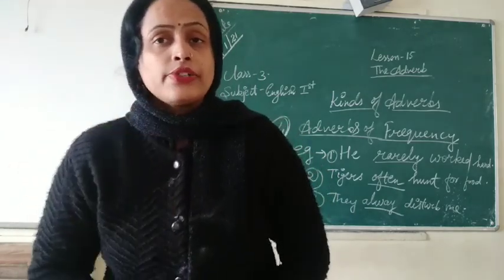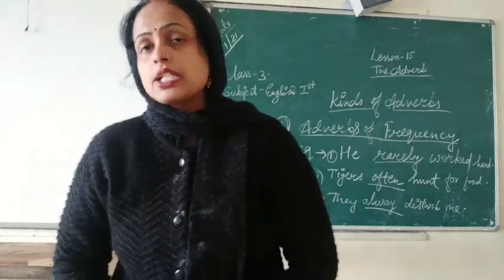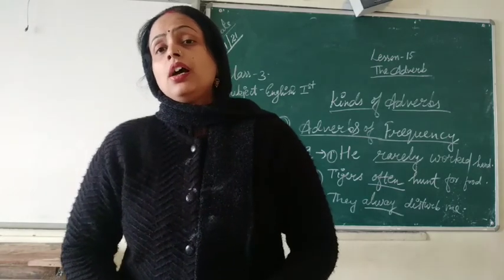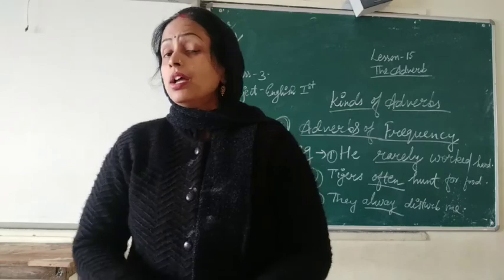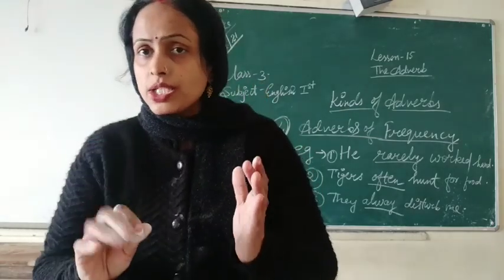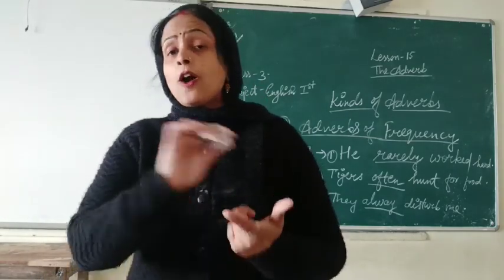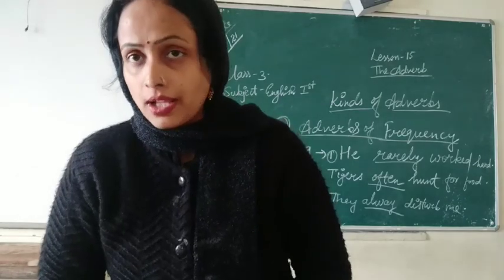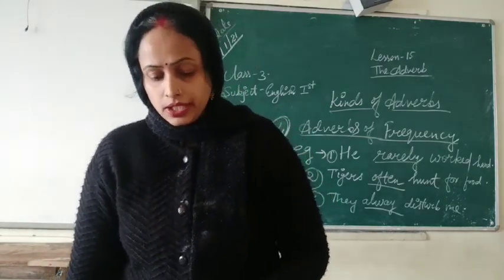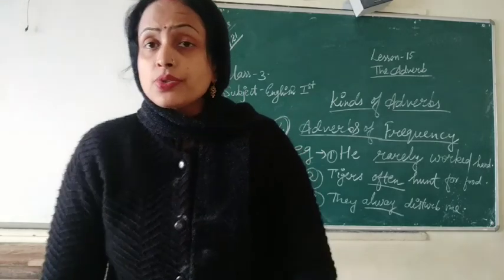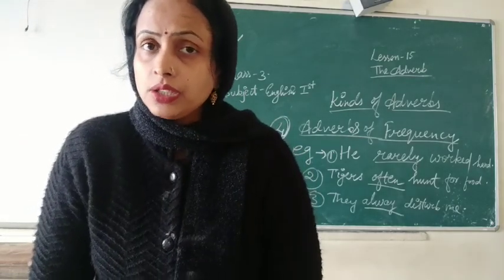These four kinds of adverb we have read just now. Now I think you have understood all kinds of adverb, and we have to learn the definitions. We have to write how many kinds of adverbs there are. Only the kinds of adverbs you have to write. So hope you have understood this chapter, adverb.